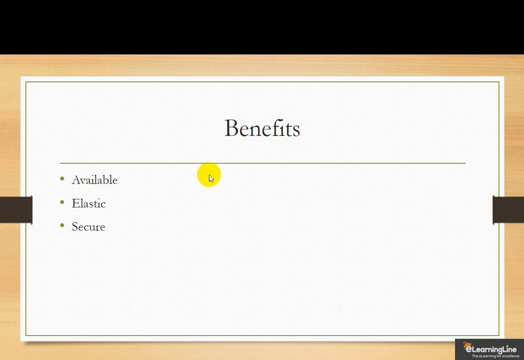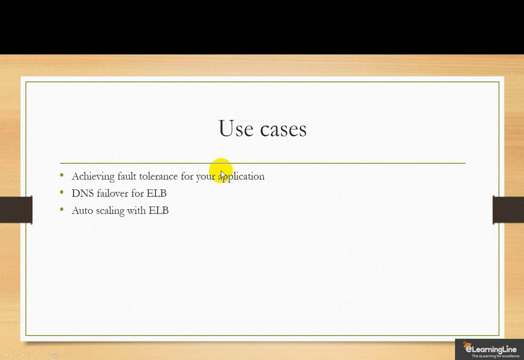Okay, let's go to the next one. What are the use cases that are supported with this? Just think about it. You can build a fault tolerant application. Your application should be available at all times to your customers, and they should be able to get the response within a set amount of time. Then this is the place.